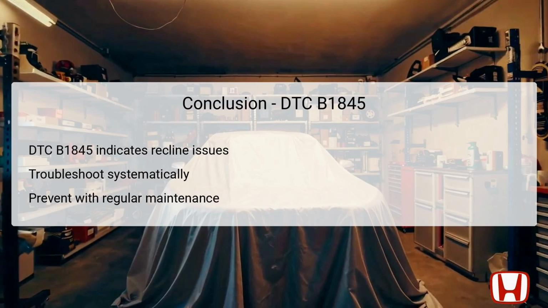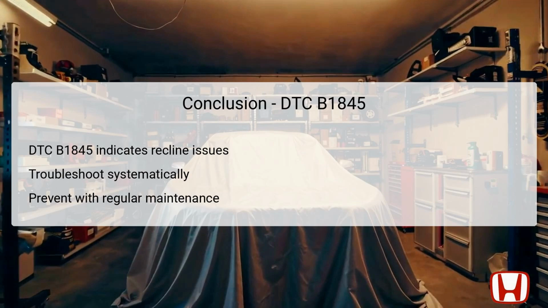In conclusion, DTC B1845 indicates a malfunction in the power seat recline switch circuit for the Honda Odyssey from 2011 to 2017. Troubleshooting the issue systematically through specific steps ensures that all potential problems are addressed effectively.